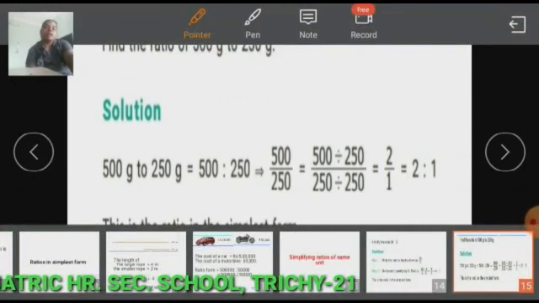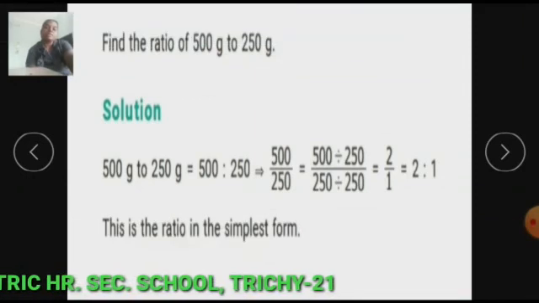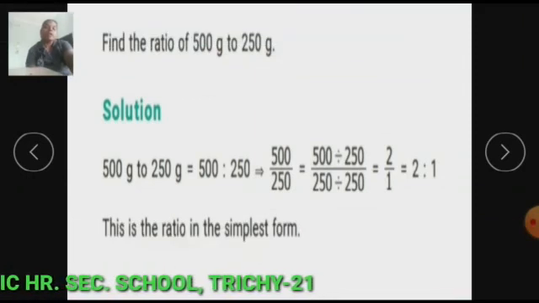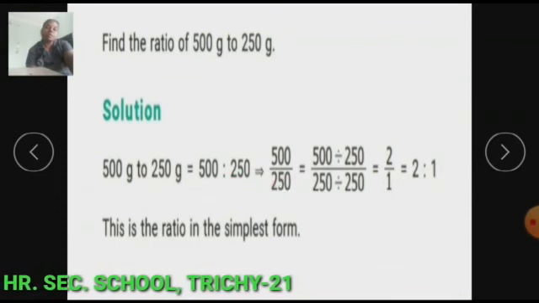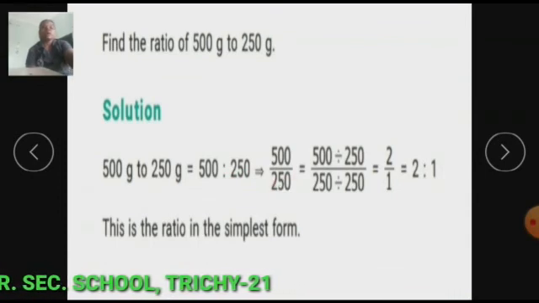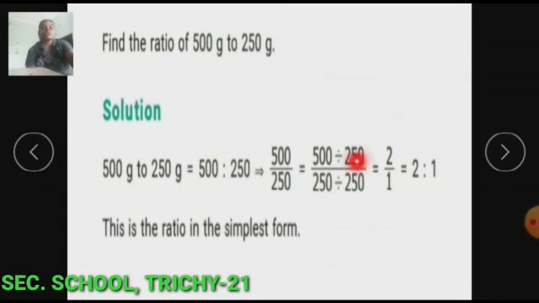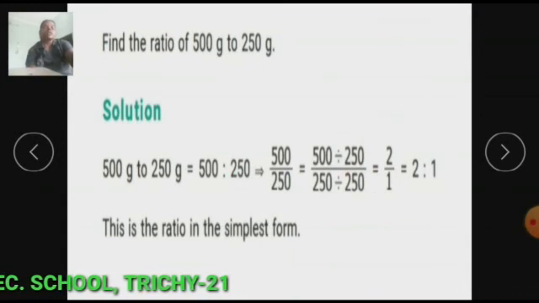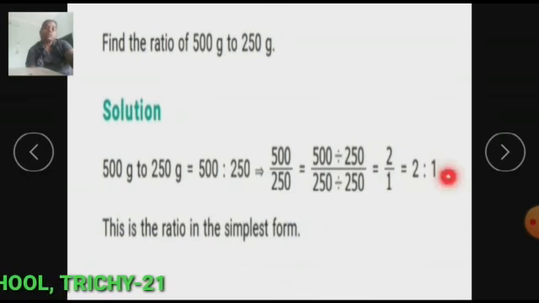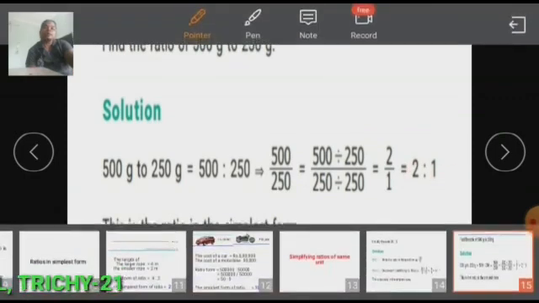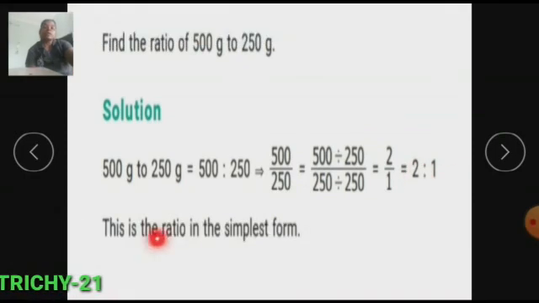And then numerator 500 is divided by 250 and the denominator is divided by 250. We get 2 by 1. 2 by 1, the fraction form, write in ratio form. Here 2:1. 2:1 is the simplest ratio form.